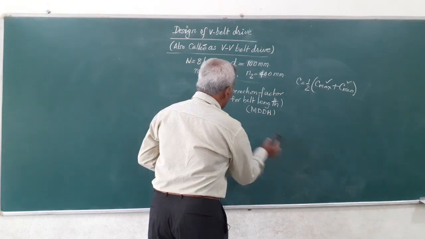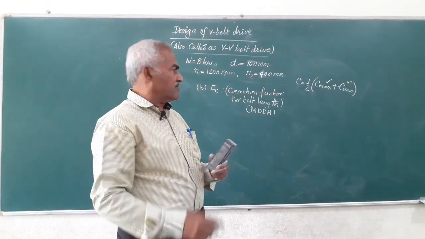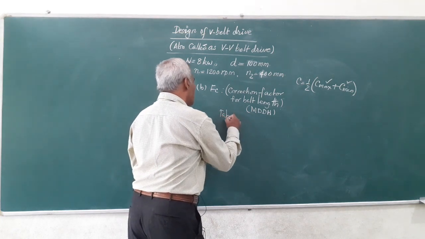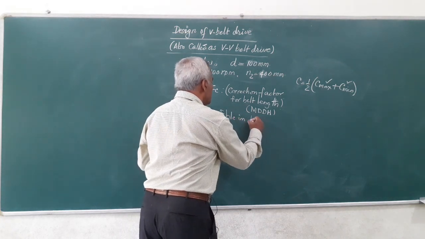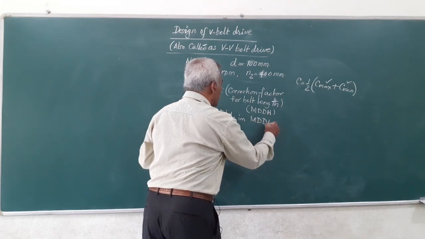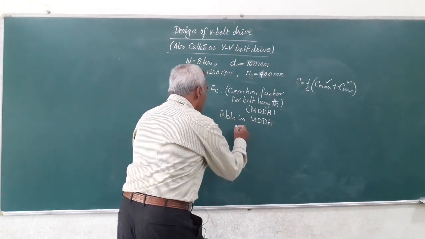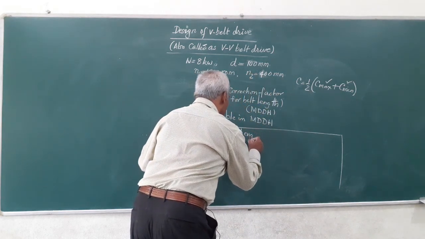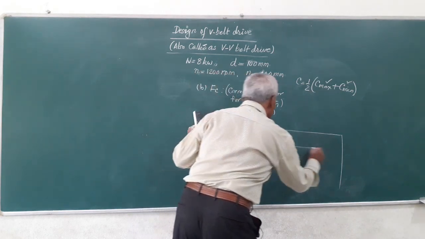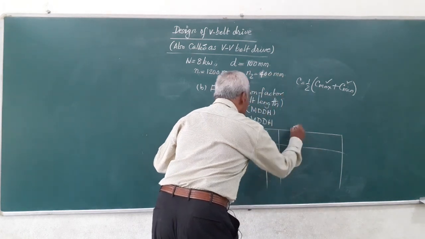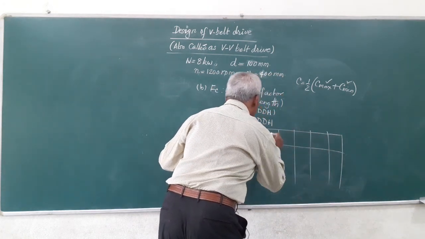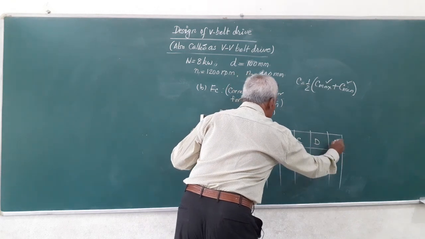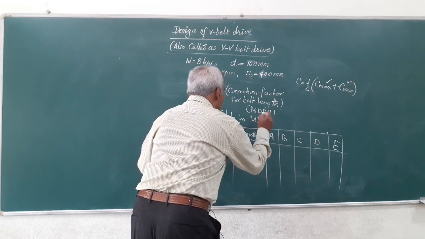Friends, once you have the length of belt calculated, there is again a table in the machine design data handbook, which will give you values depending on the length of belt. Depending on the length, you have different cross sections like A, B, C, D, E. What is the length you have got?